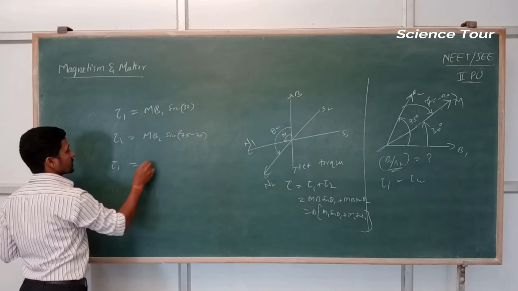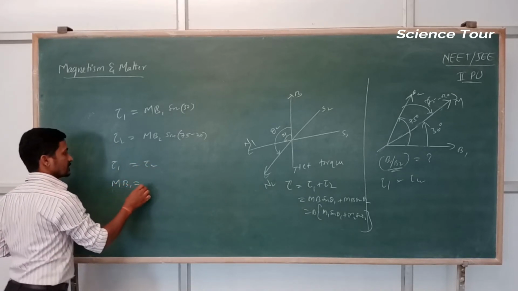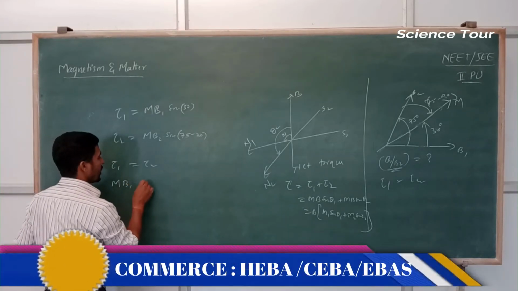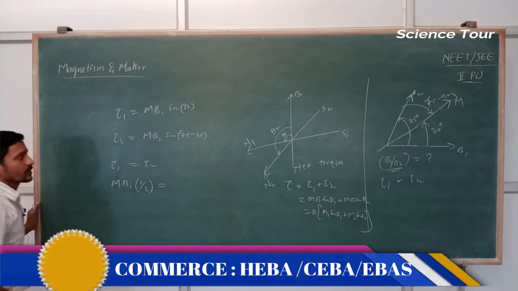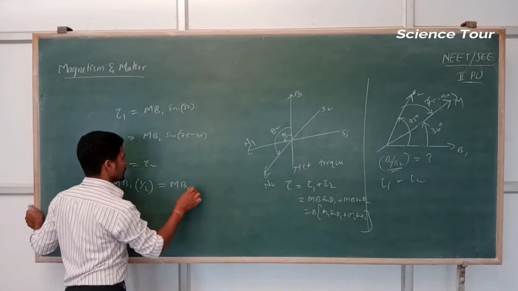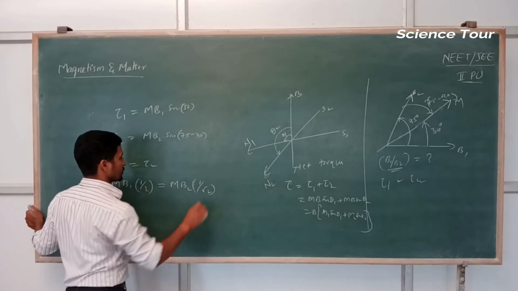So tau 1 is equal to tau 2. m B1 sin 30, which is half, equals m B2 sin 45, which is 1 by root 2.